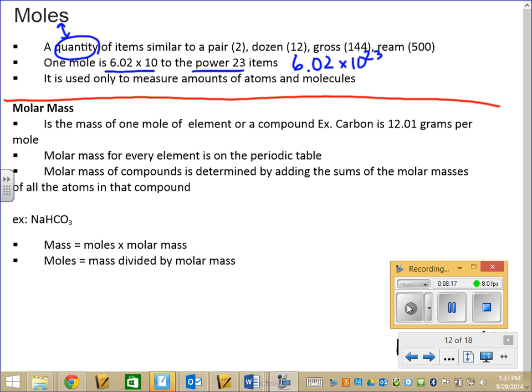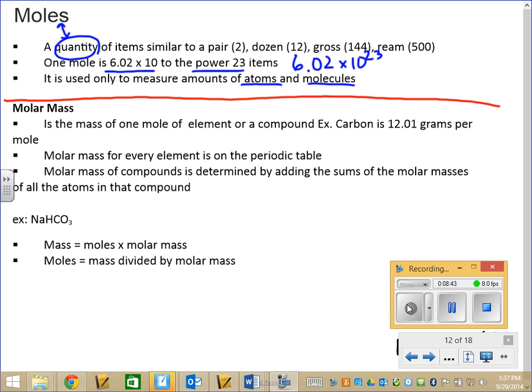We use this really to measure atoms and molecules. The logic is an atom is so small that it's really hard for me to measure anything about just one atom. So we needed a number big enough to give us measurable numbers. So you'll notice that on your periodic table, we're talking about moles, not about individual atoms of things.